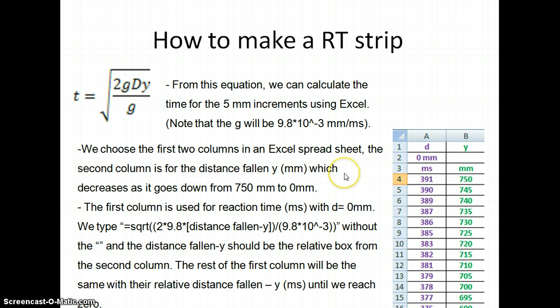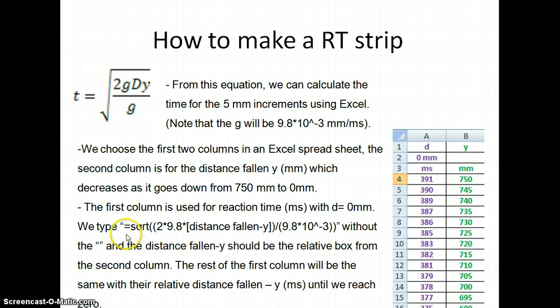First, we choose the first two columns in an Excel spreadsheet. The second column is the distance fallen y measured in millimeters, which decreases going down from 750 millimeters to 0 millimeters. The first column is used for reaction time in milliseconds with d equals 0 millimeters.